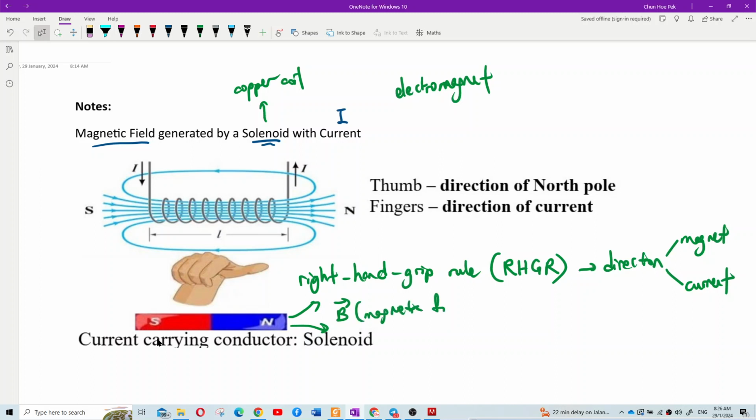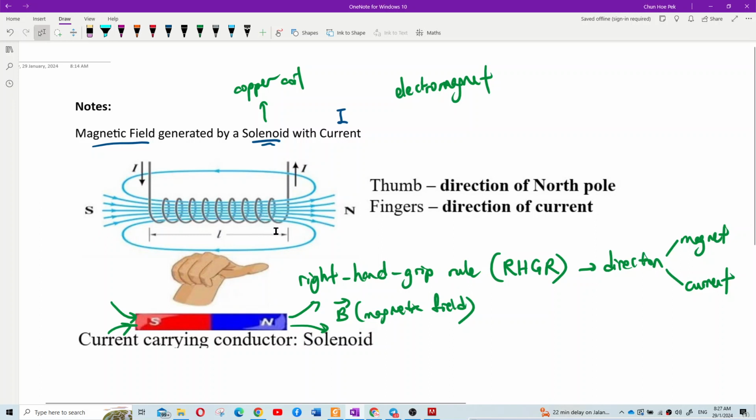It comes out and then enters the south. Correct or not, class? The magnetic field comes out from north and enters the south. So this solenoid also becomes like the bar magnet, with a north pole and south pole.